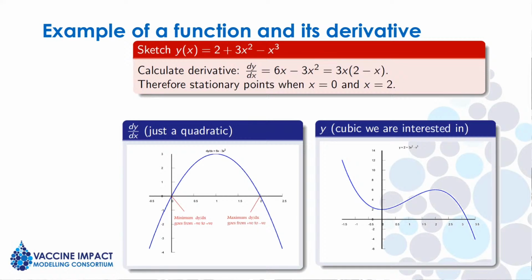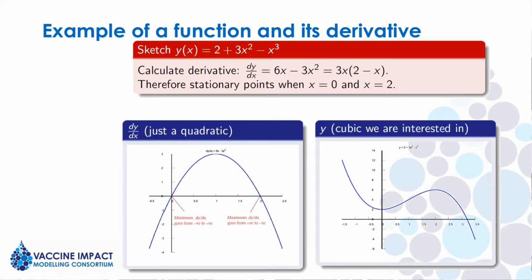So we can calculate our derivative, and we might rearrange to make it a bit simpler. Oh, look, it's a quadratic. And we factorized it, and now we know what the roots are. So we've got a root where x equals 0, and we've got a root where x equals 2. So if we think about what our derivative looks like, it's a quadratic.